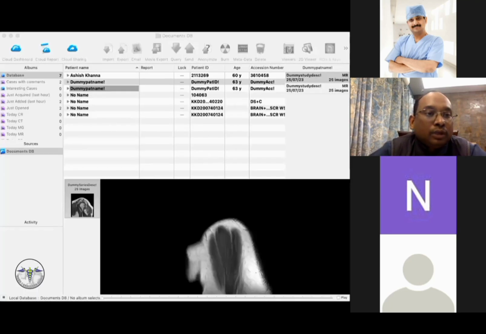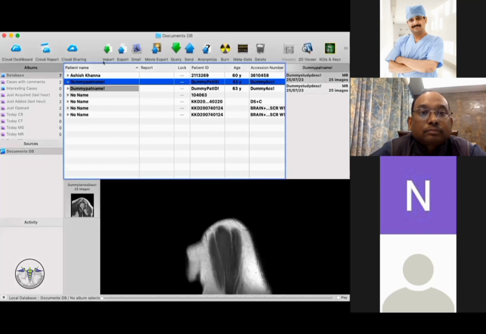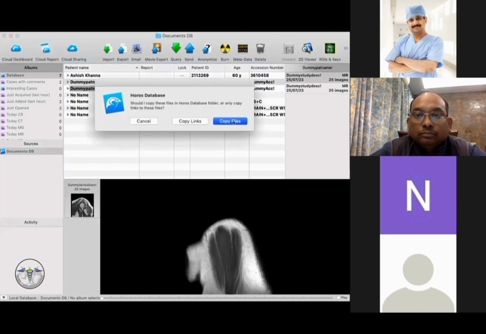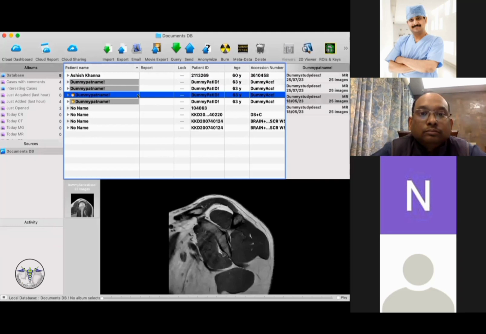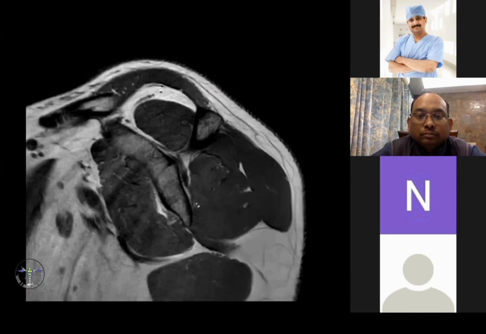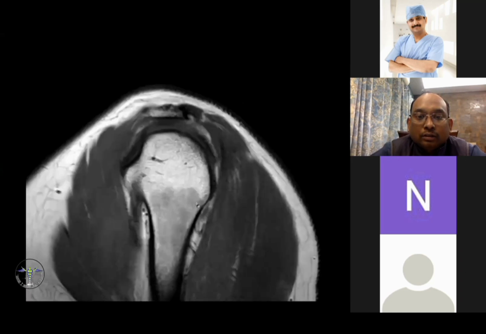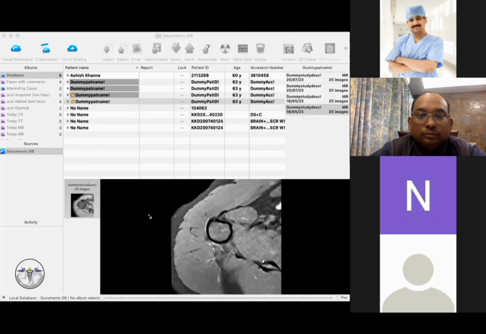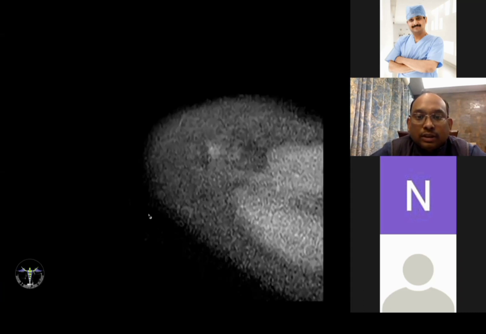Now, if we go to another example, so this is a different example.